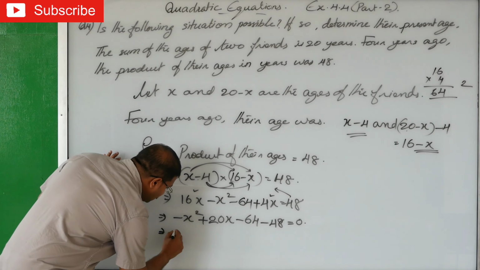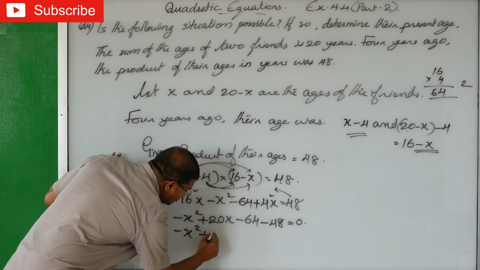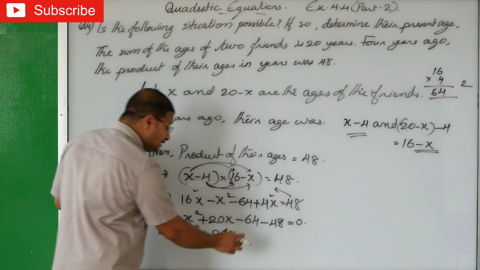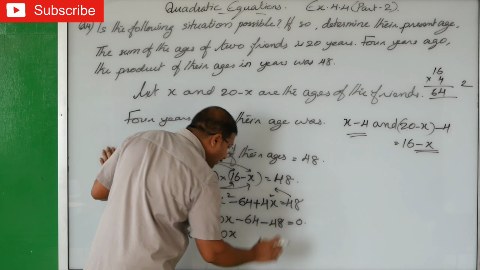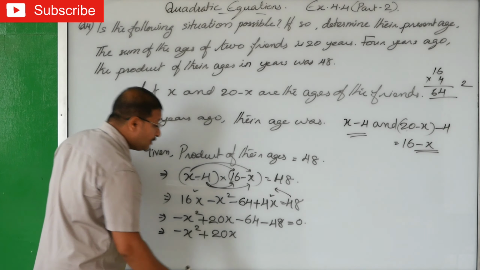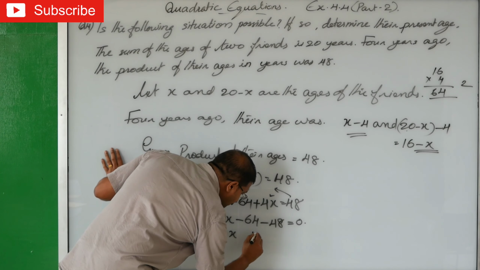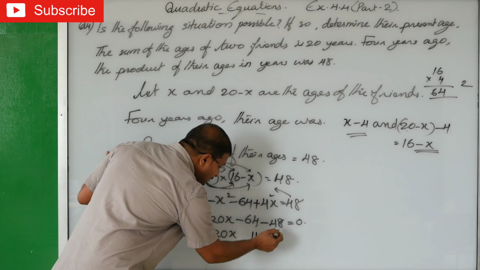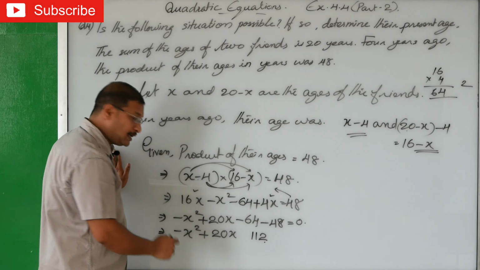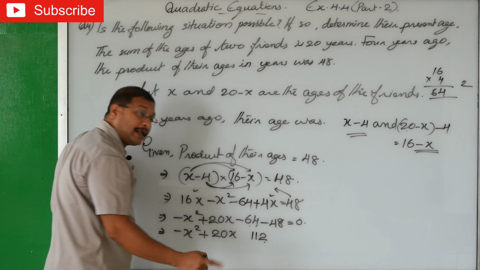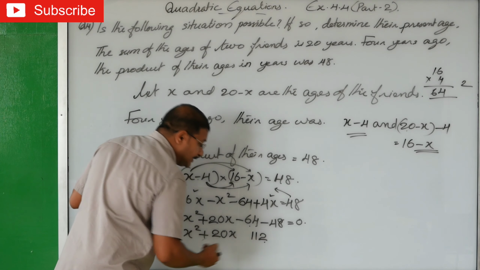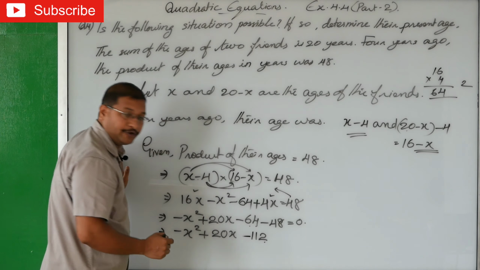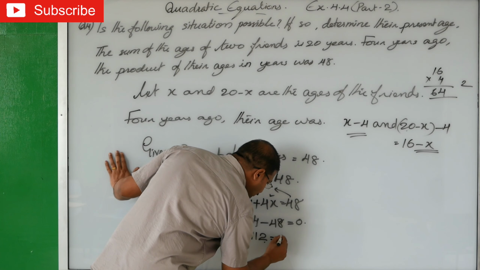This implies minus x square plus 20x, minus into minus plus, that means 64 plus 48, that will be 112. If you have doubt, 4 plus 8, 12, 1 in hand. After that, 6 plus 4, 10, 10 plus 1, 11. That is 112. Minus into minus, minus, so of course we have to put the minus sign. This is equal to 0.